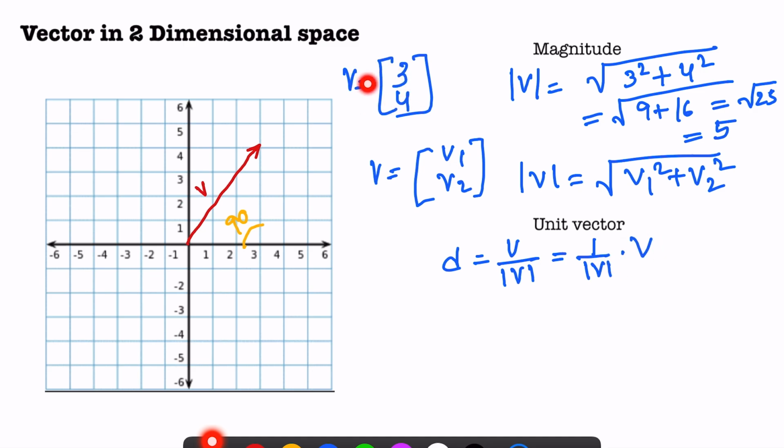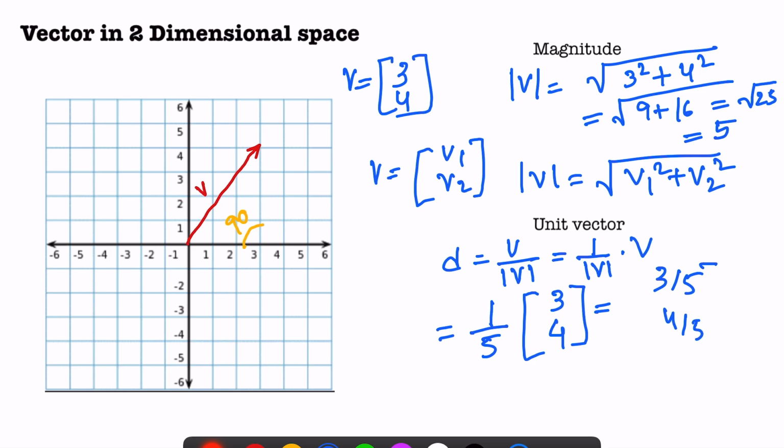And for this vector here, let's try to write the unit vector. It will be 1 over 5 multiplied by (3, 4), right? So the vector is (3 by 5, 4 by 5).